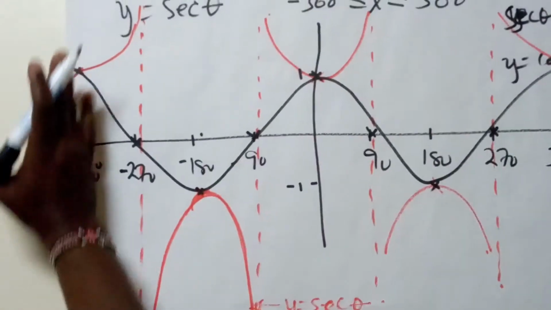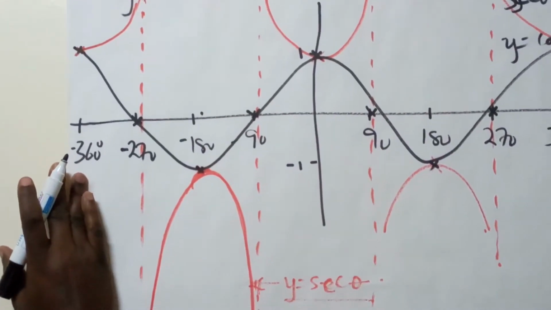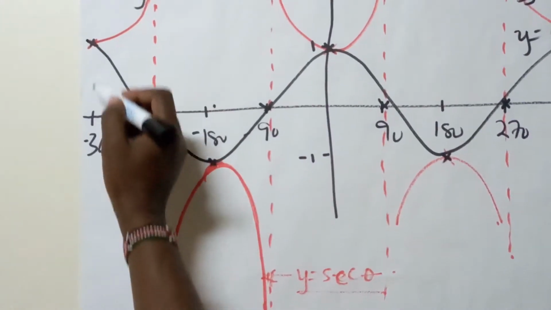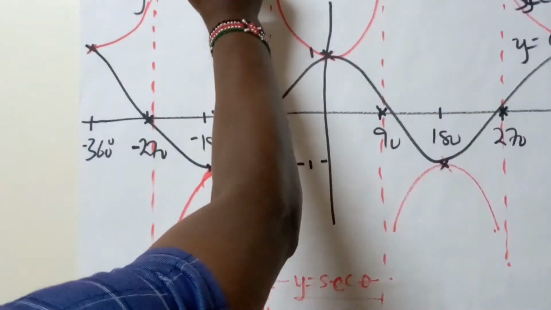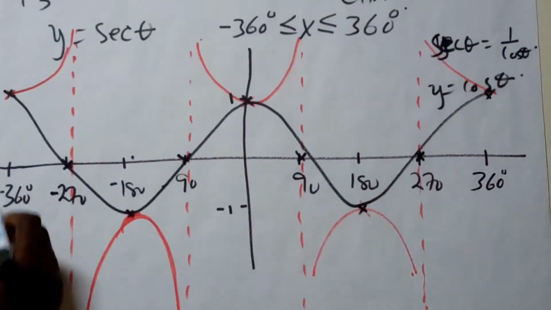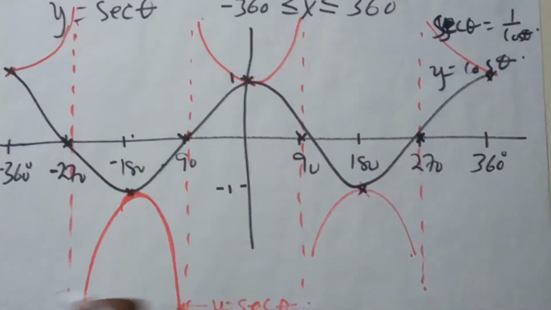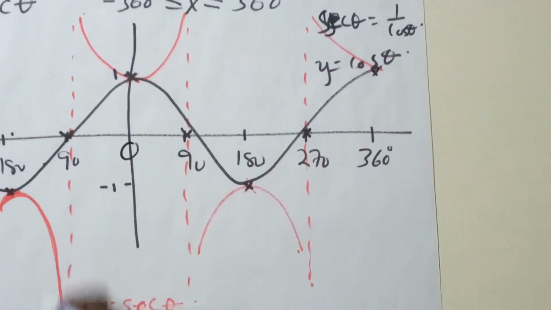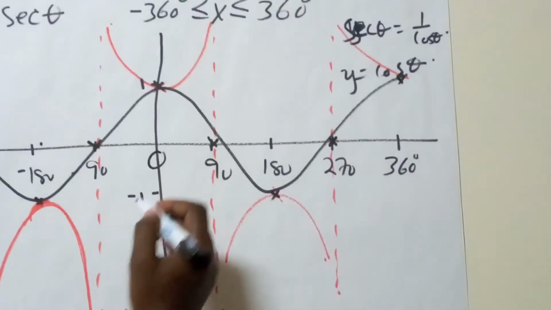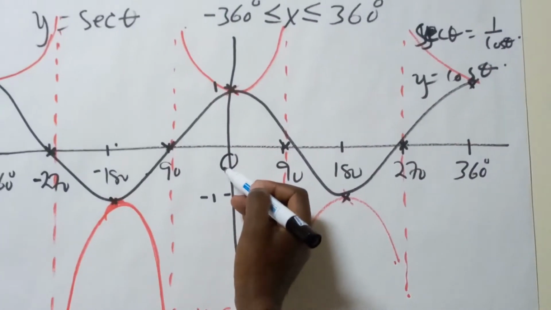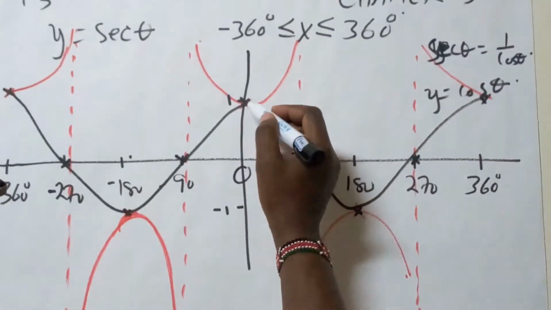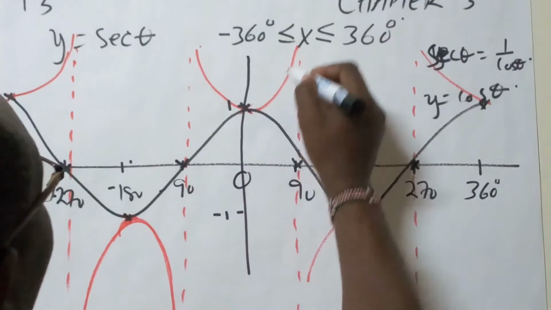For instance, if you start at negative 360, we have 1 rising to positive infinity. If you add 360 to negative 360, you get 0, and you should start from positive 1 again, rising up.